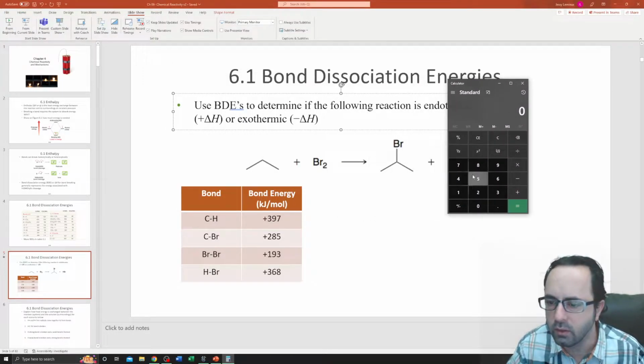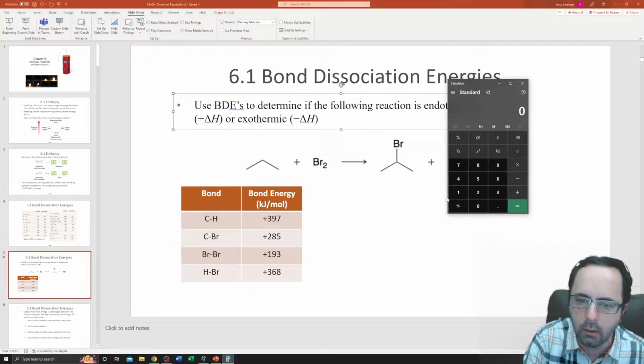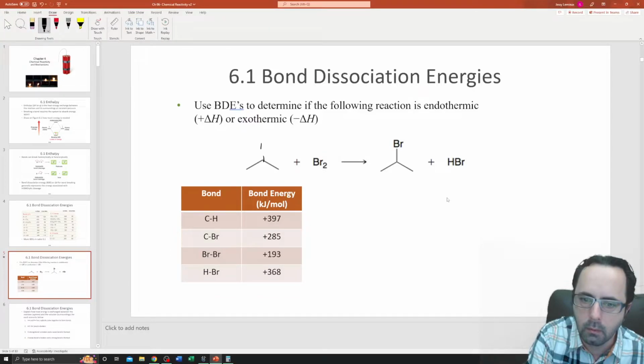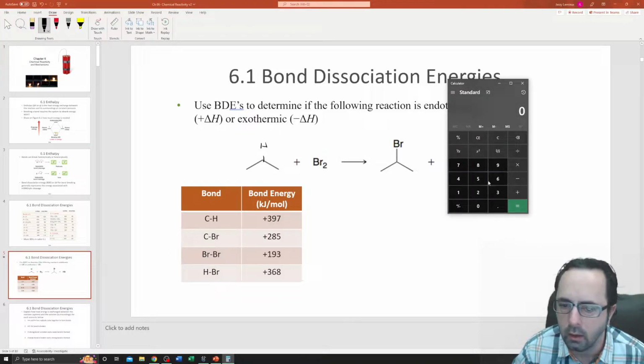So just to repeat it here, we're going to be putting in the bonds that we're breaking, which includes a carbon-hydrogen bond right here. And so it's going to be carbon-hydrogen 397. We're going to add to that the energy required to break the bromine-bromine bond, 193.